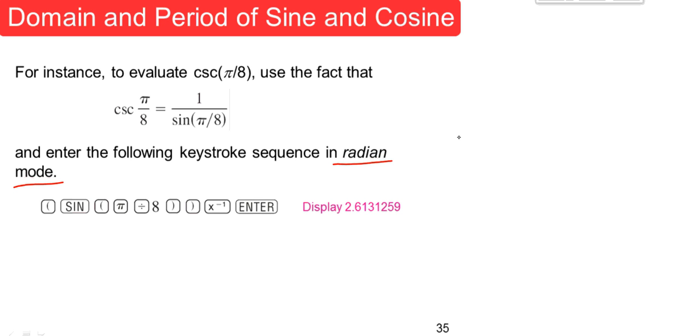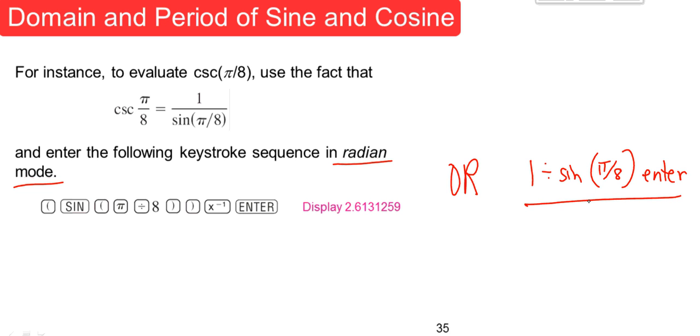You could also try typing that in as 1 divided by, since it's 1 over the sine: 1 divided by sine, parentheses, negative pi over 8, and then enter. So I would strongly suggest you try both of those on your calculator just to see that you can actually use them as you go.